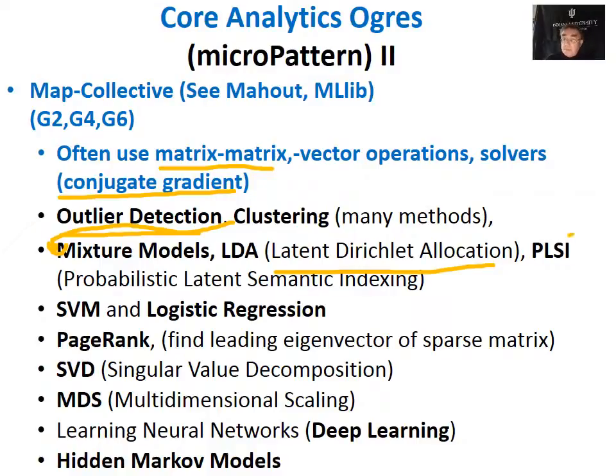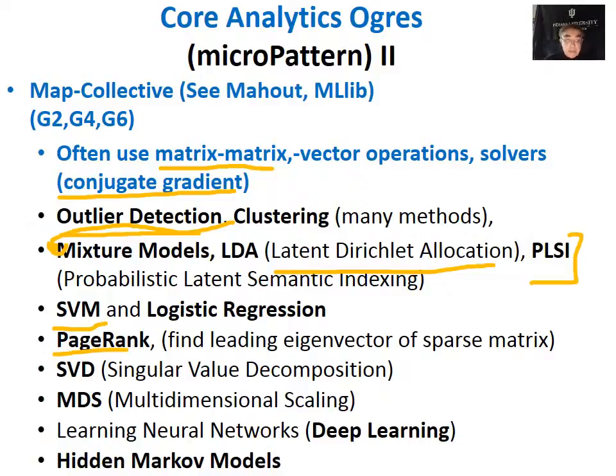These are all closely related algorithms which are chopping data up into groups, or a slightly similar idea of finding the latent factors, the hidden topics, or the hidden features which are obscured one level down from the overall data. We have classification algorithms like support vector machines and logistic regression.